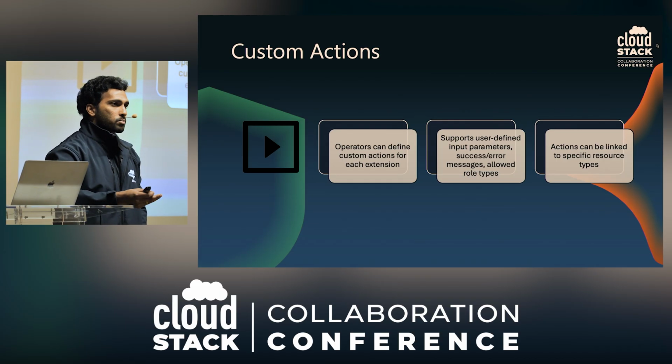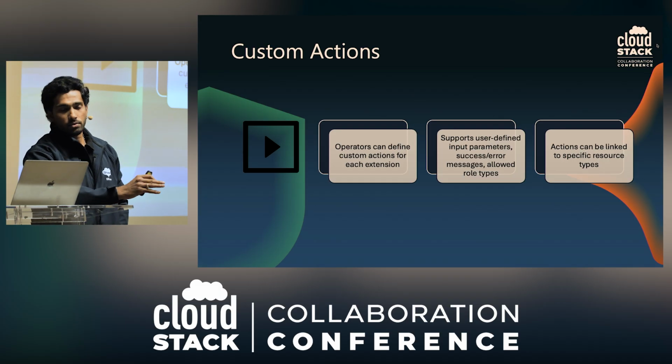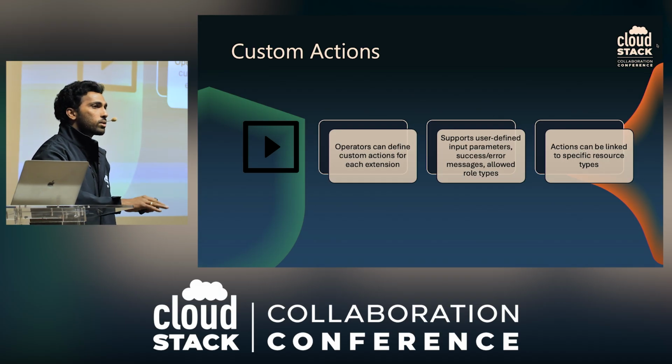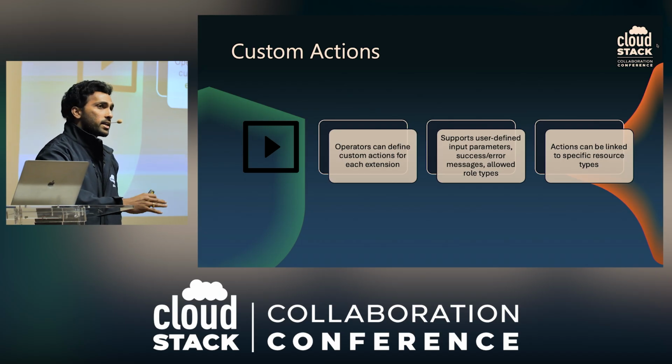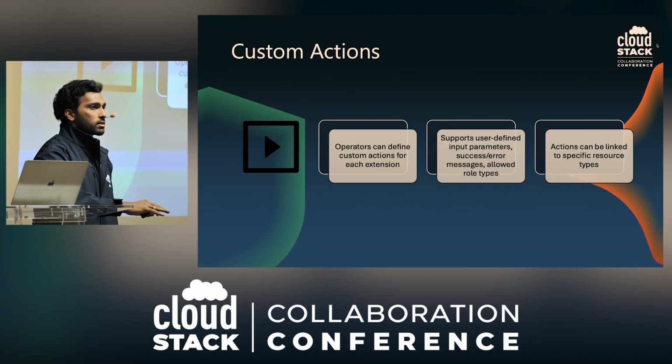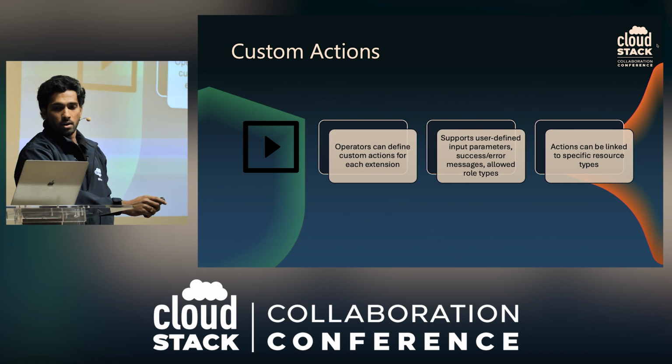What are all the user inputs that will be needed while performing that action, and we can define the success and error messages. And we can also set which role types are allowed for that action. This is more or less like developing the API itself, right? But we don't have to do that with Java code; using these custom actions, we can directly define it. Once that is done, we can run that custom action.